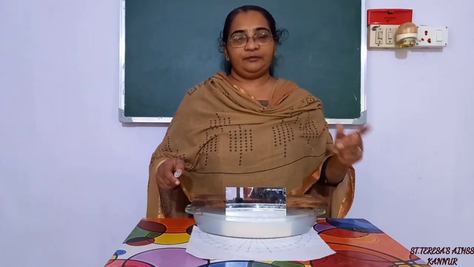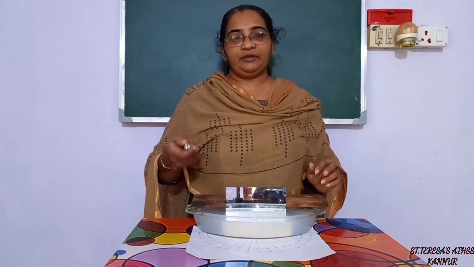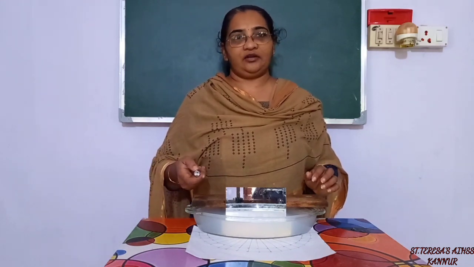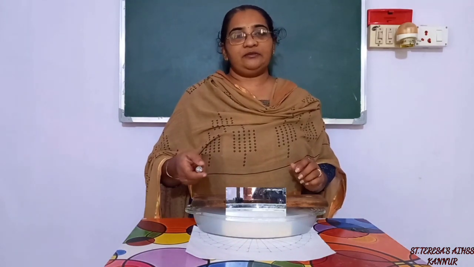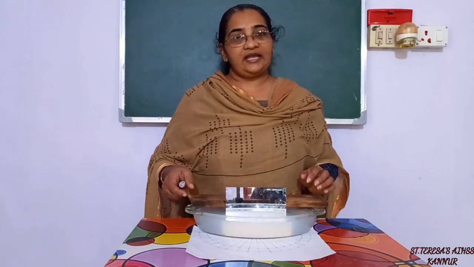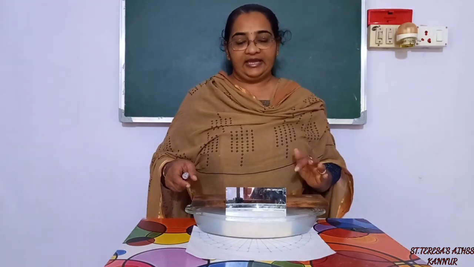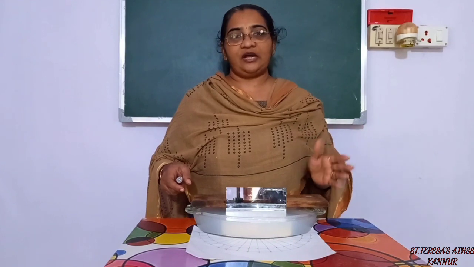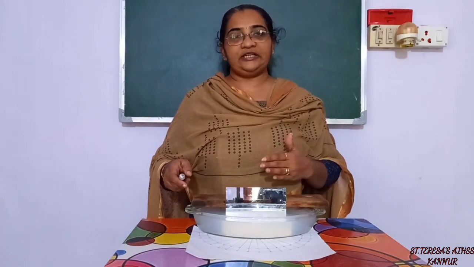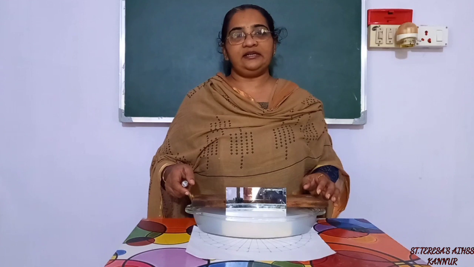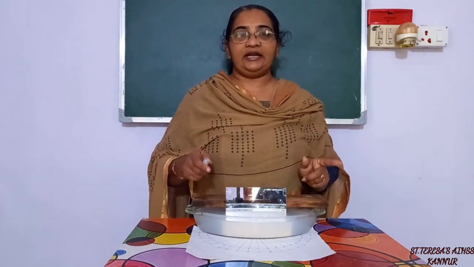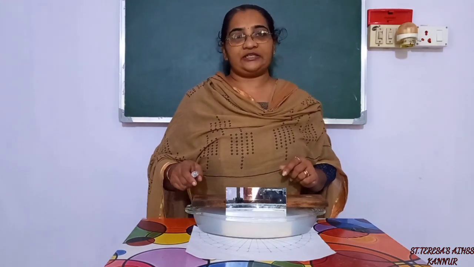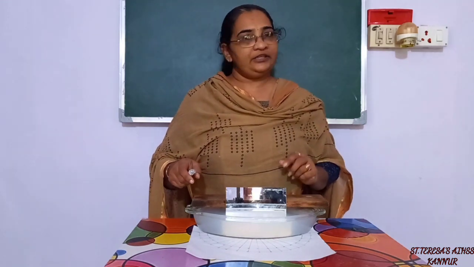Previously we learned that when we give a source of light on a mirror, that light falling on the mirror is called the angle of incidence, and the reflected light which comes out of the mirror after reflecting is called the angle of reflection. Now we are going to see the connection between the angle of incidence and the angle of reflection.